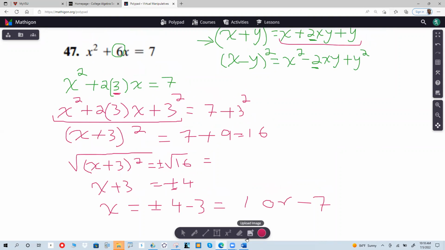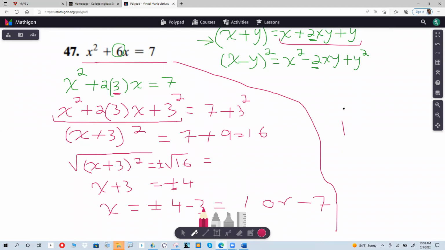So I'm going to check it verbally. 1 squared. Let's check it here. 1 squared plus 6 times 1 is 7. 6 times 1 is 6. 6 plus 1 is 7. So that's good. And let's check it again. Minus 7 squared and 6 times minus 7.